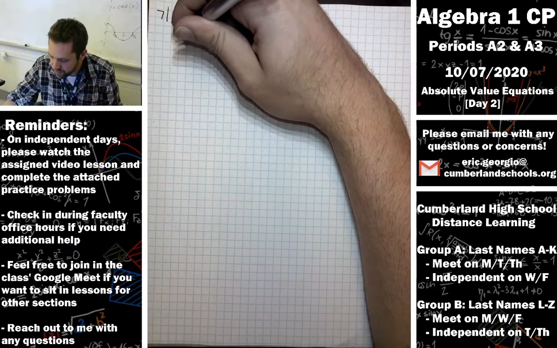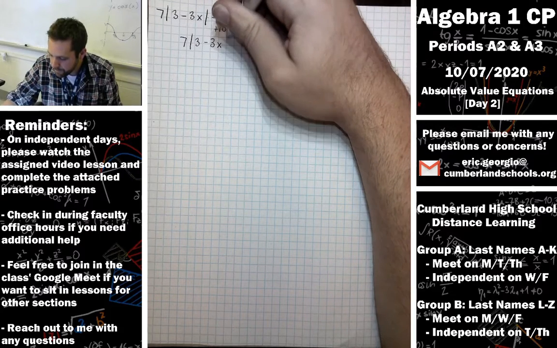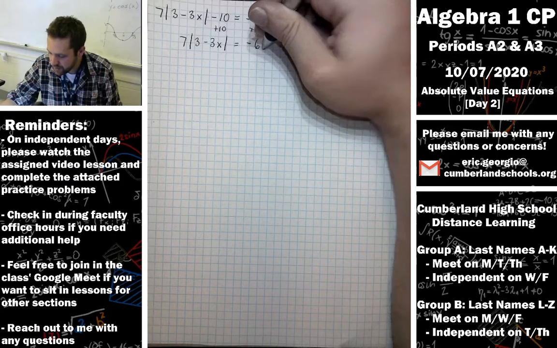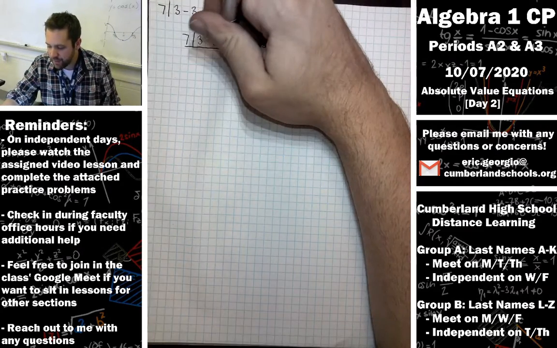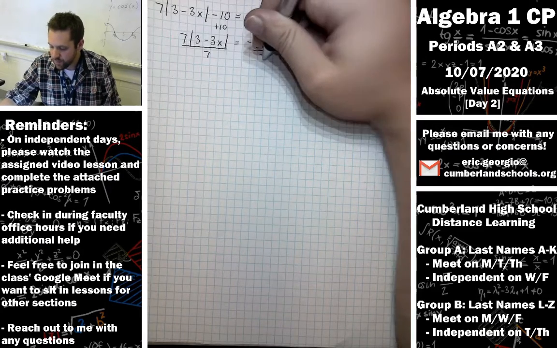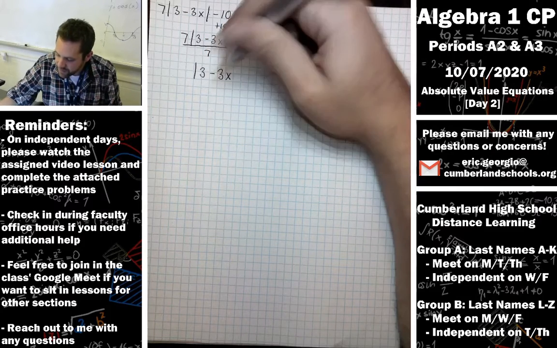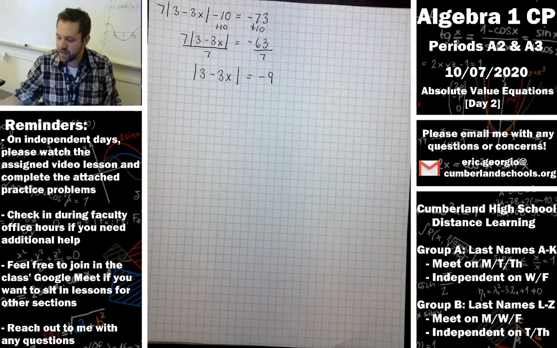Brings us down to 7 times the absolute value of 3 minus 3x is equal to negative 63, right? Negative 73 plus 10. Now I can divide by 7. Brings us to the absolute value of 3 minus 3x is equal to negative 63 divided by 7, negative 9.